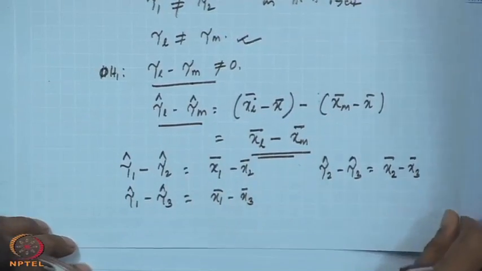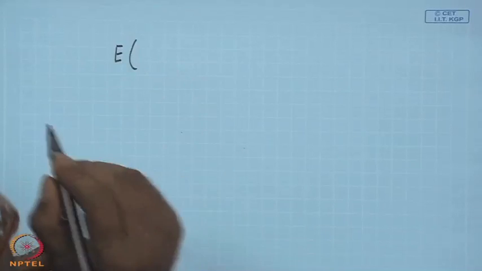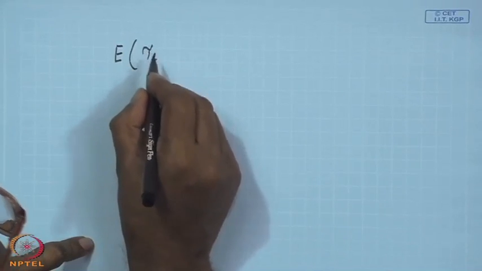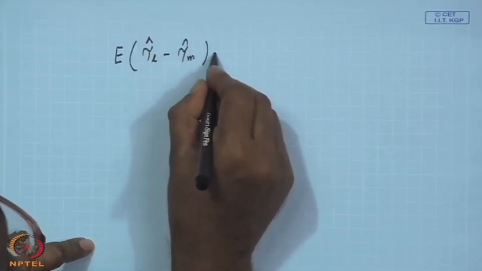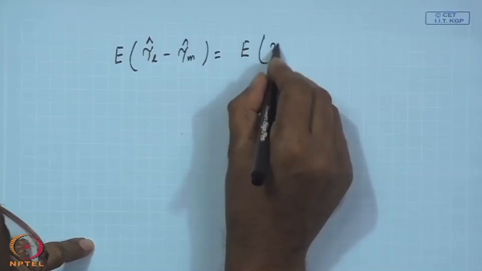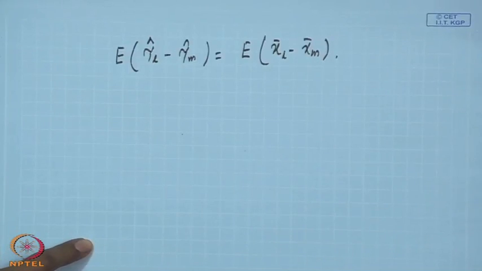Now, I want to find out the interval estimate of the same. So, what you require to do for interval estimation, as we have seen earlier also, is to know the expected value of, suppose, tau L estimate minus tau m estimate. This is nothing but the expected value of XL bar minus XM bar, what we have seen earlier.